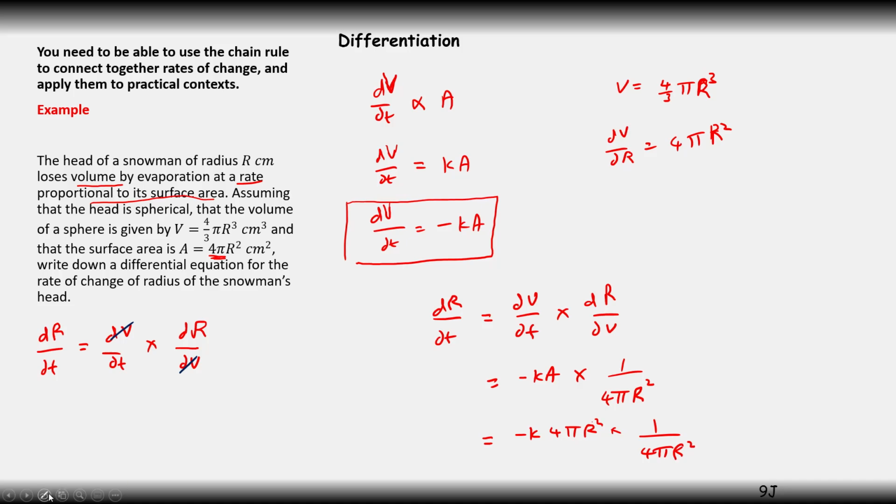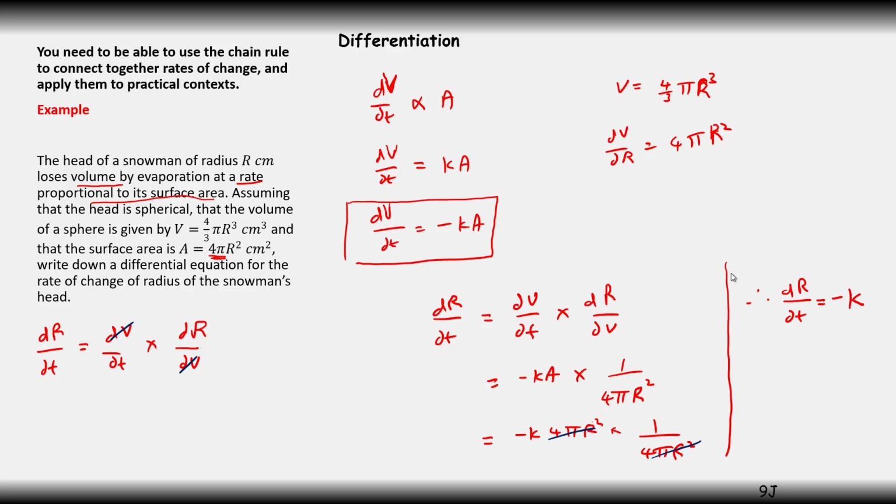So the 4 pi r squareds cancel, leaving me with minus k. Therefore, dr by dt is equal to minus k. So the rate of decrease is constant.